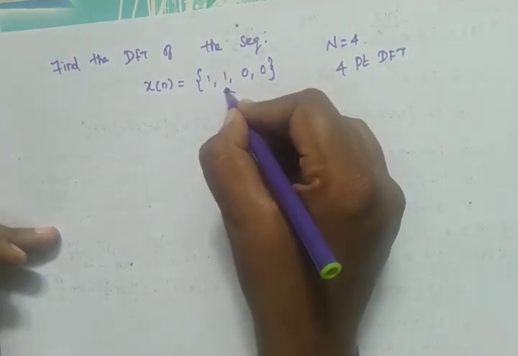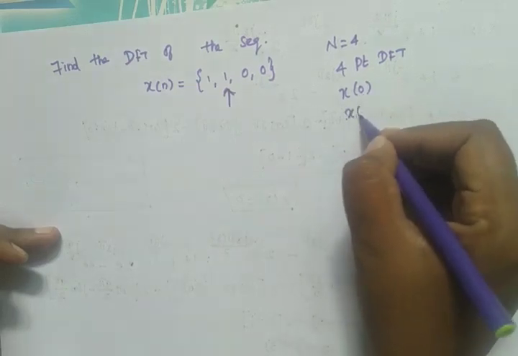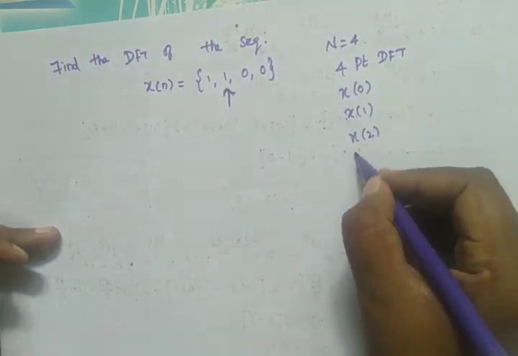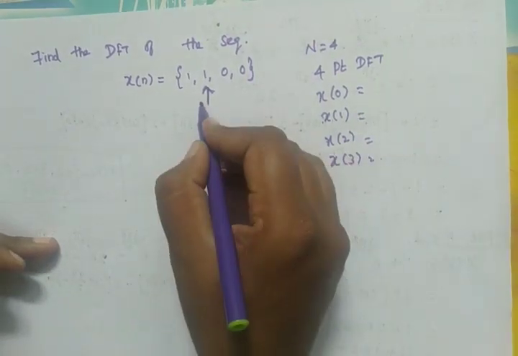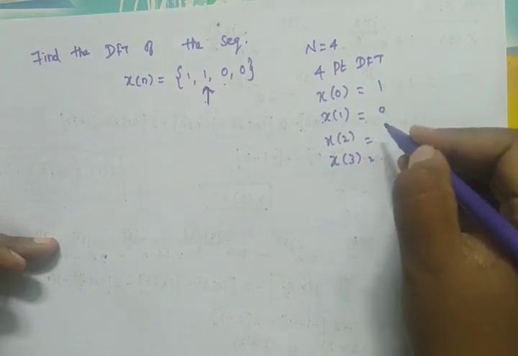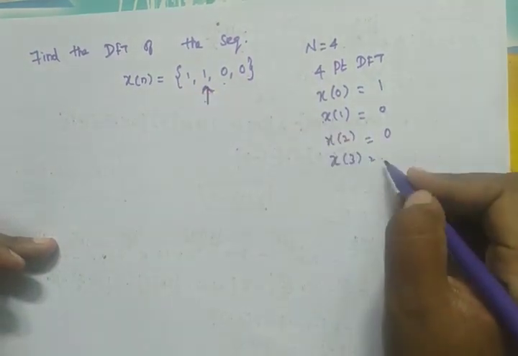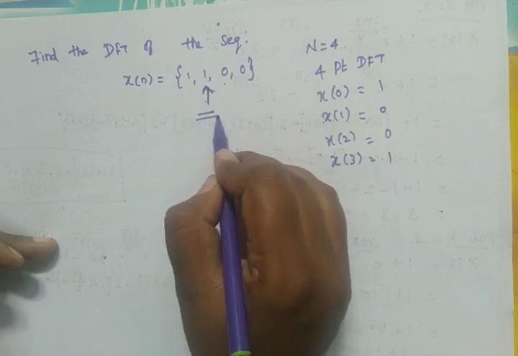If we have an arrow mark, then we have to take x of 0, x of 1, x of 2, x of 3 as 0, 1, 2, 3, with 0, 0, 0, then 1 here. That is why they are giving this arrow mark.